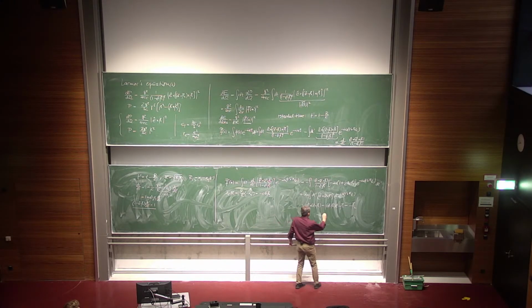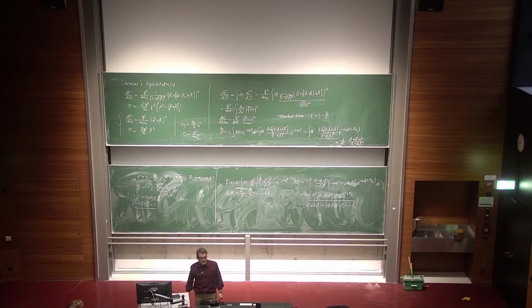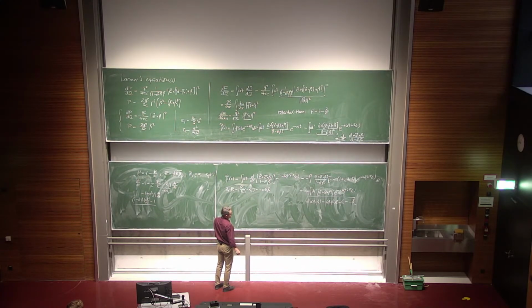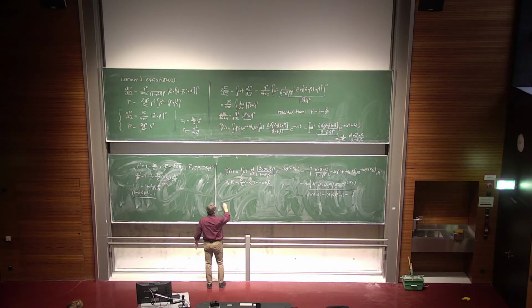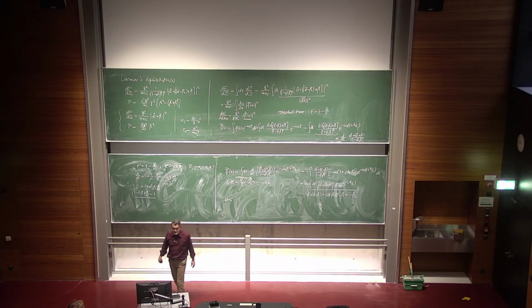Okay. Now we need to add one more word about the Fourier phase here, because that should also be simplified. So finally, I'm looking at the distance r between the source at the retarded time and the observer once more.